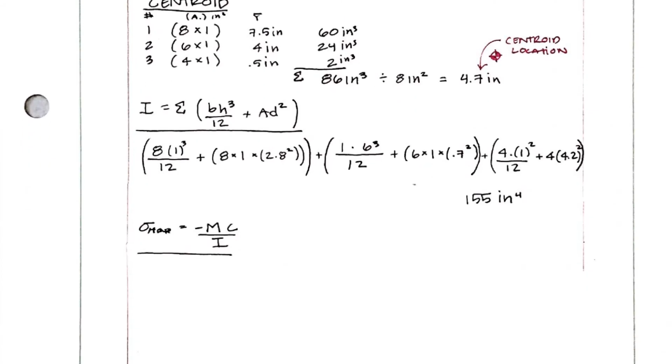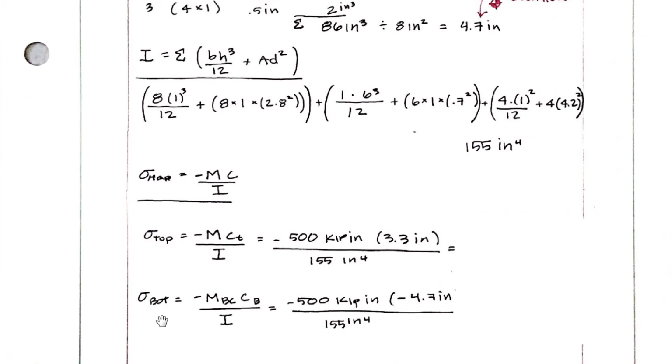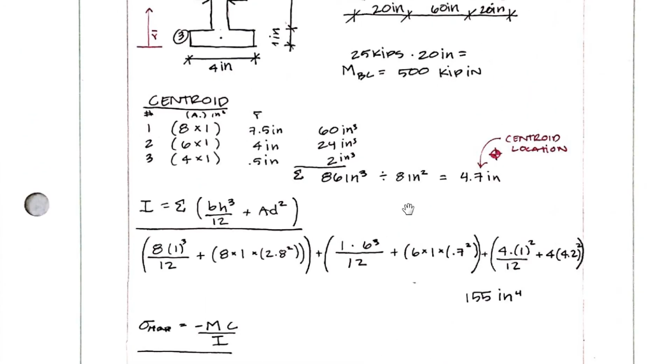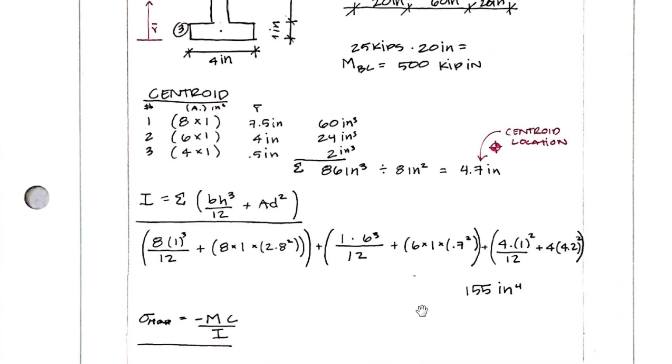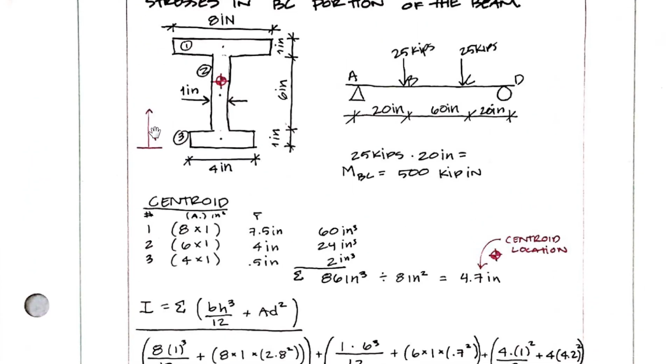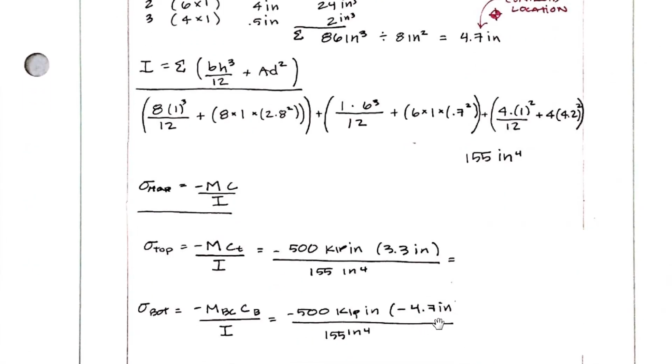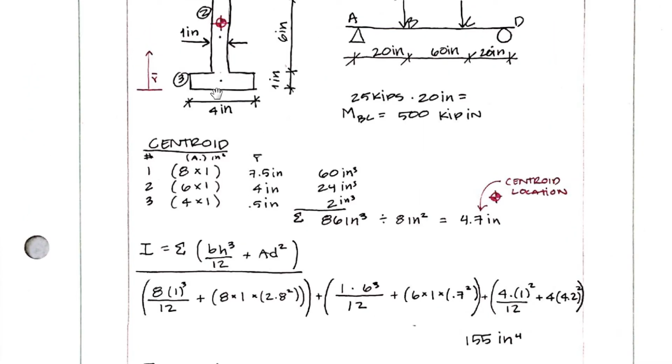So for our 2 equations for top and bottom, we have c top and c bottom, and we're using the moment in the section BC. Make sure we write kip inches, because that is what we were given here. Units are important. For the flange in the bottom, because of our notation here, we denoted that y bar going up as positive, and anything going in the negative direction would in fact be negative, so we have to write a negative 4.7 inches for this bottom flange.